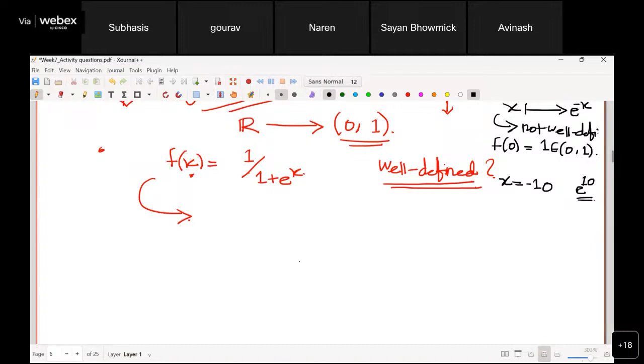So okay, let me prove this. One thing you know is that e power x is always greater than 0, right? This is true for all x in R. So that means 1 plus e power x is greater than 1.